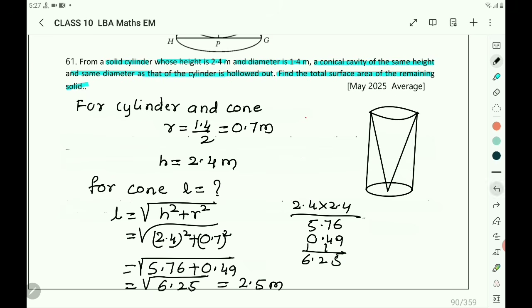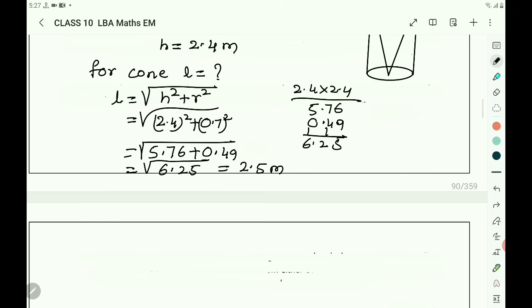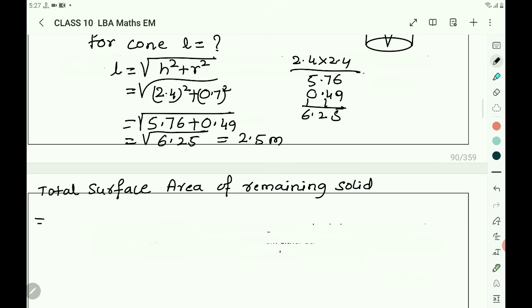Now we write the total surface area of the remaining solid is equal to what? CSA of cylinder plus CSA of cone plus area of the circular base. Write it. Total surface area of remaining solid equals CSA of cone plus CSA of cylinder plus area of circular base.